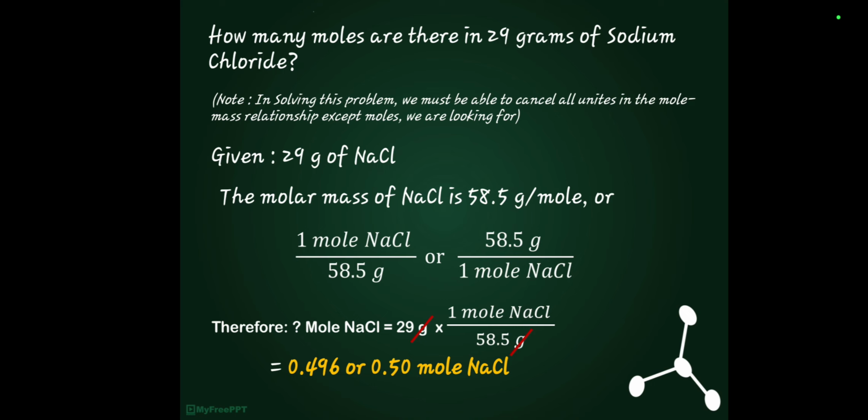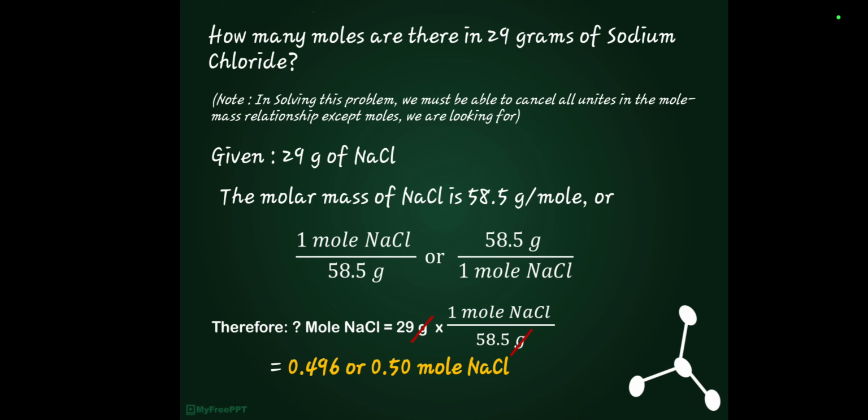Since day 1 of discussing analytical chemistry and calculations, I always tell you that in solving problems, we must cancel all the units in the mole-mass relationship. In our past calculations, always remember to cancel the same units, so we get the unit of the result. So, just cancel the same unit.